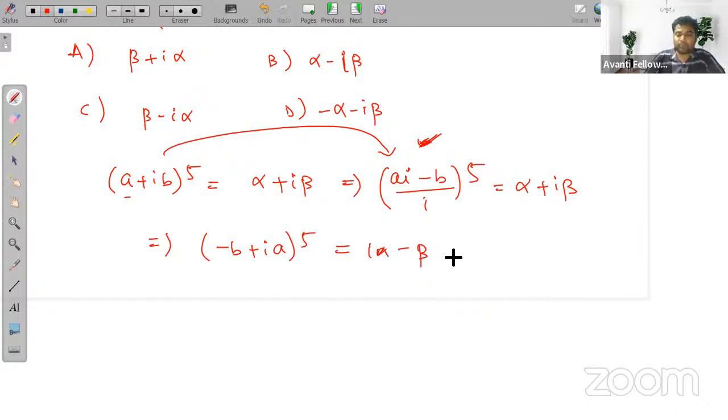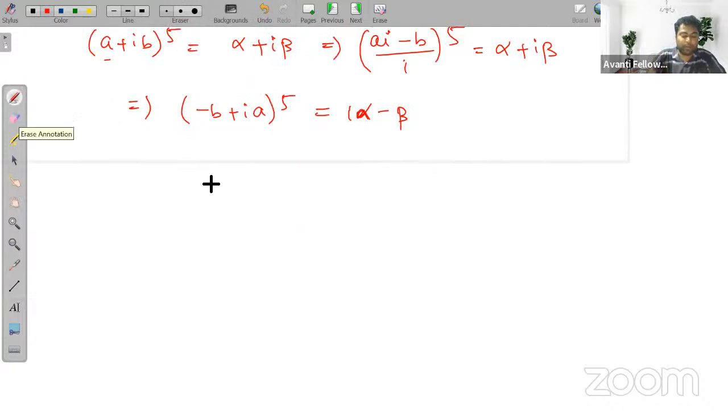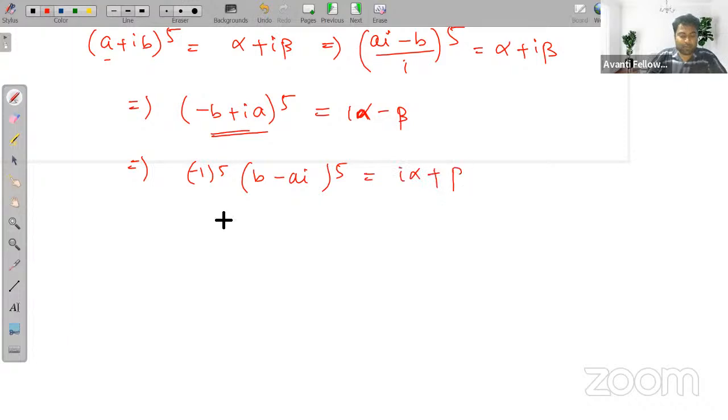Yes or no? Clear? Okay. Now if we take minus 1 as common from this bracket, minus 1 to the power 5, this becomes (B minus AI) whole to the power 5, which is equal to I alpha plus beta.